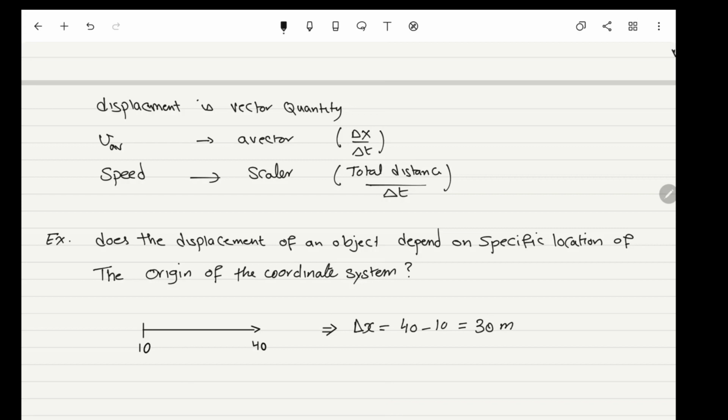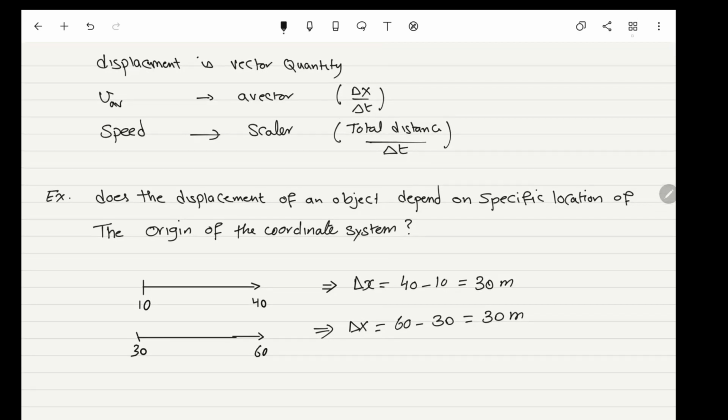Another case, if an object is moving from 30 to 60, in this case delta x equals 60 minus 30, which again equals 30 meters as well.